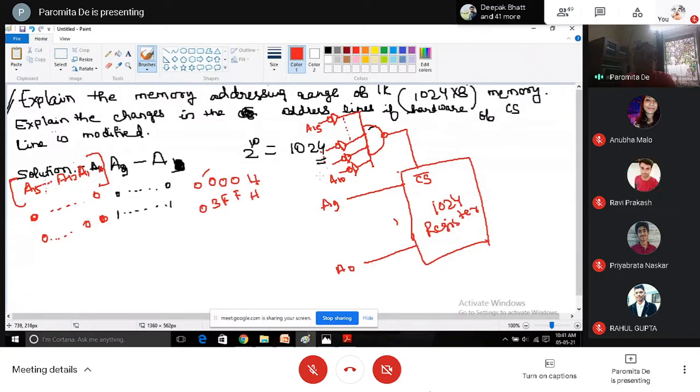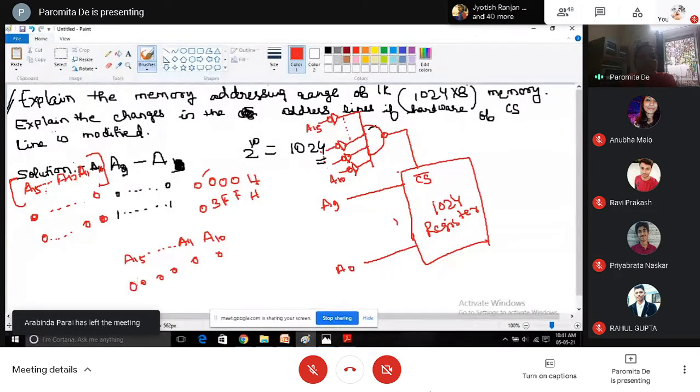If all are 0, say I have A10 to A15, A10, A11, and so on, if all are 0, then I am selecting this chip. But if all are 1, or if this is 1 and this is 0, then what will happen? Then the hardware will be designed differently, and it will select some other chip.